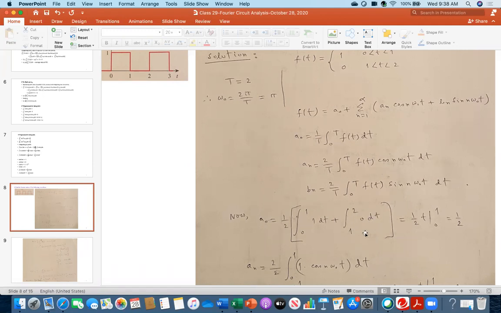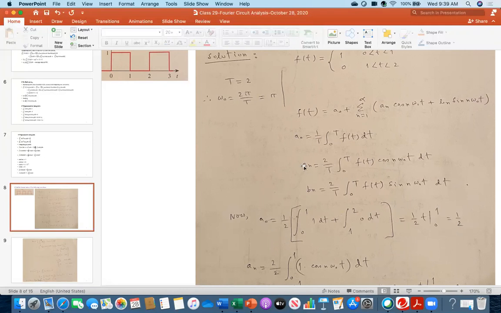You may not write this; I am just showing you the procedure, but you may not write it because you clearly know that this will give you 0. Anyway, this is half, this is 0, and on dt, after integration you will be getting t, right? And then I am putting the lower limit and upper limit, 0 and 1. If you put that in, ultimately you will be getting just half. So this means the a naught value is half.